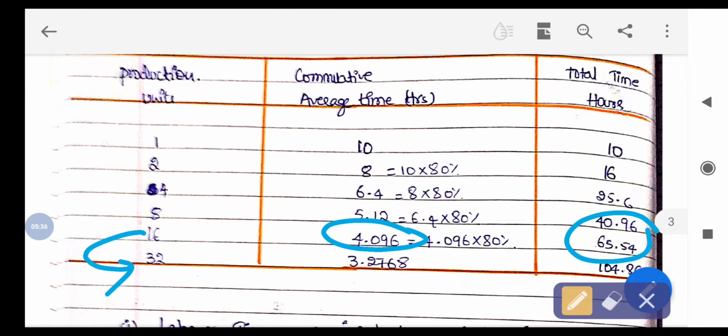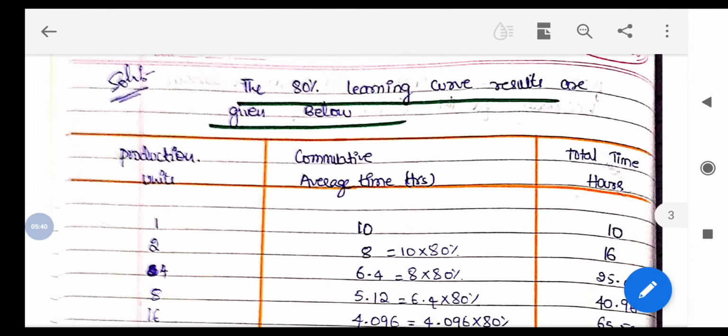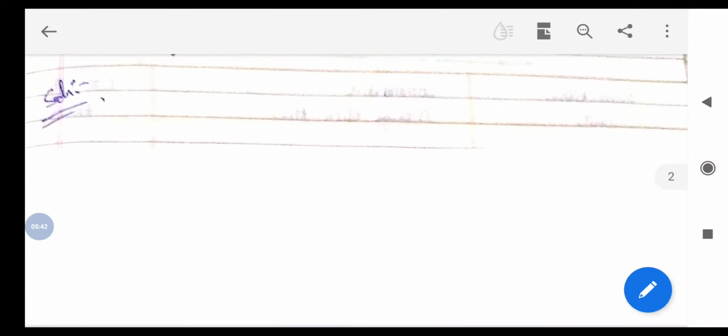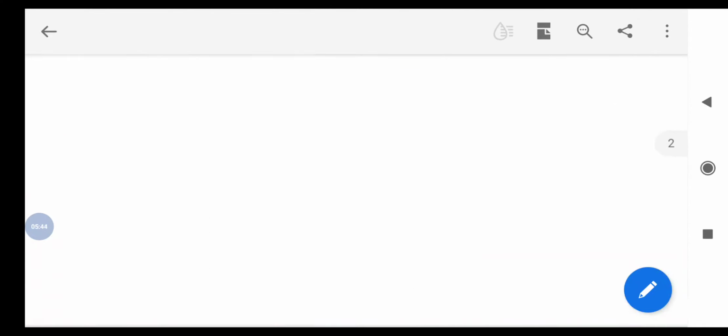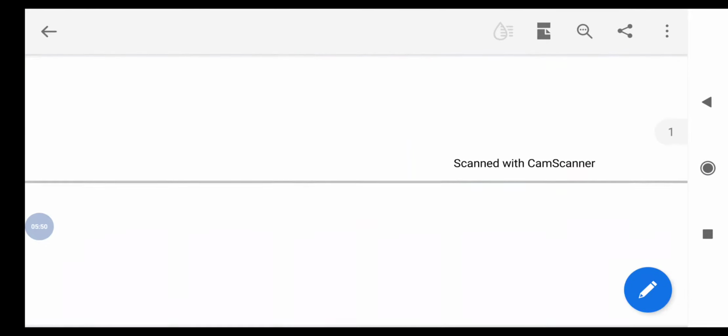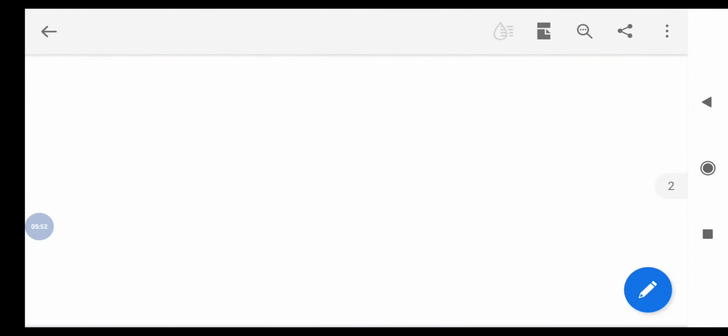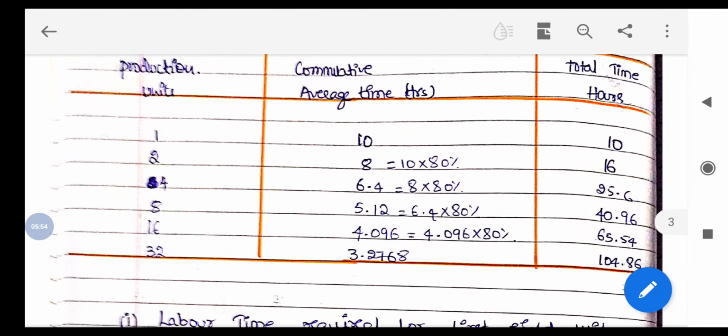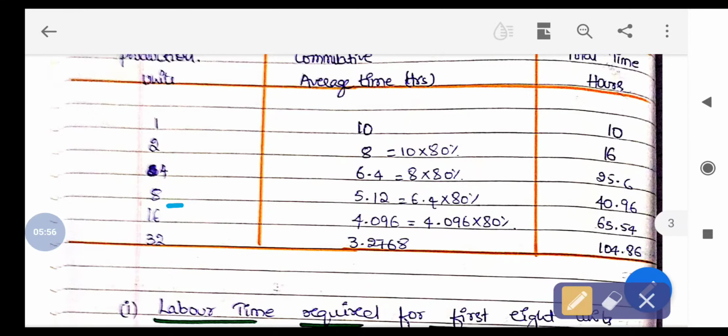Next, it doubles again and becomes 32. Why do we go up to 32? Because they have asked about 24 units. We have to calculate up to 24 units, and in 16 we won't get 24.